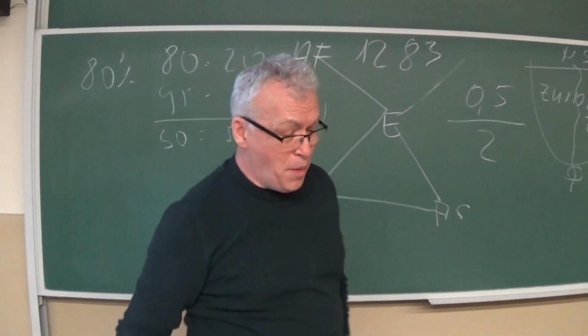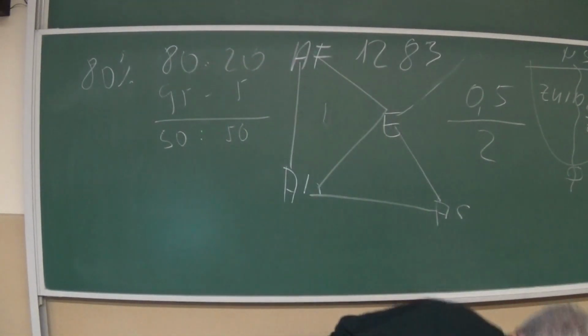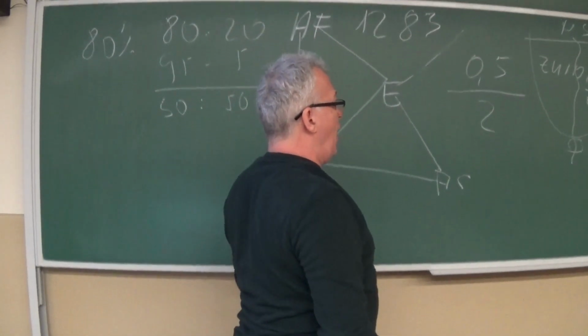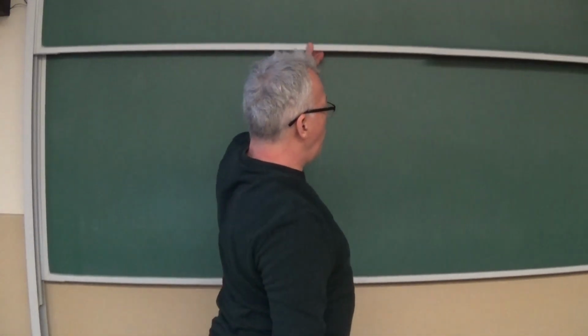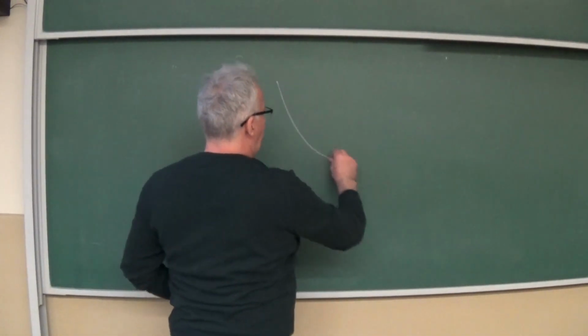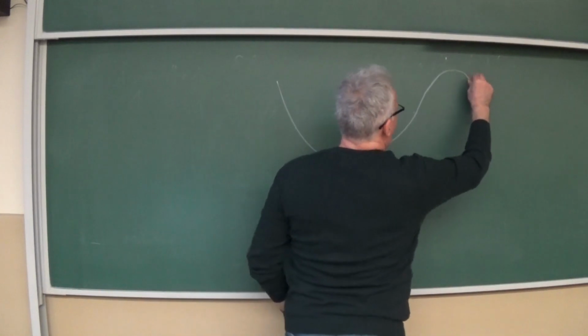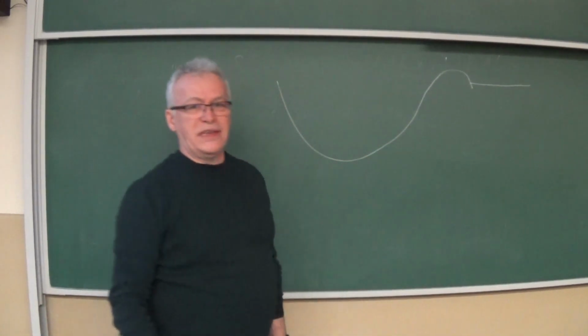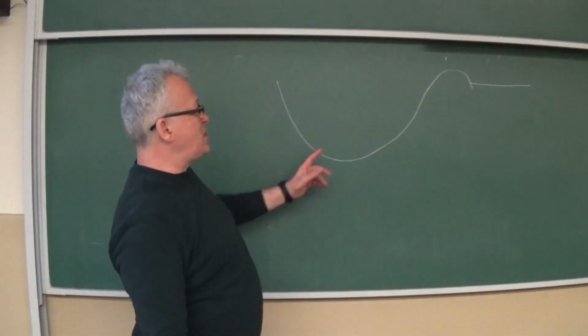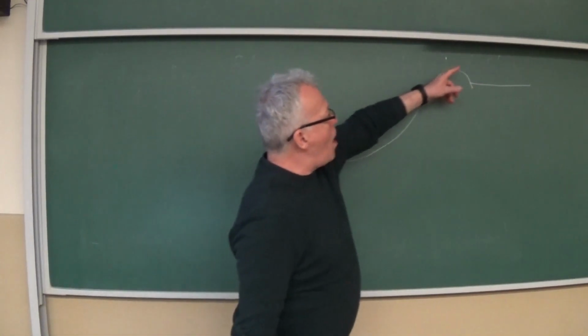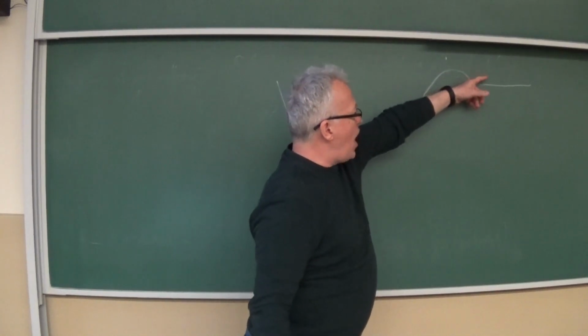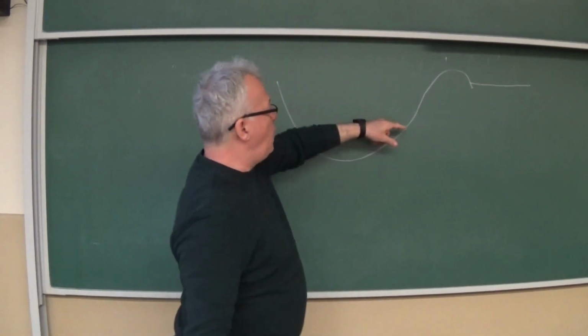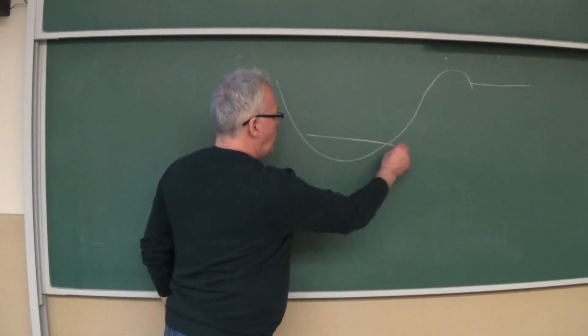Why? Because if we look at this country's landscape profile, this is the deep area. This is the dam, and this is the water level of the North Sea. Somehow it was necessary to push the water inside the country up to the North Sea.